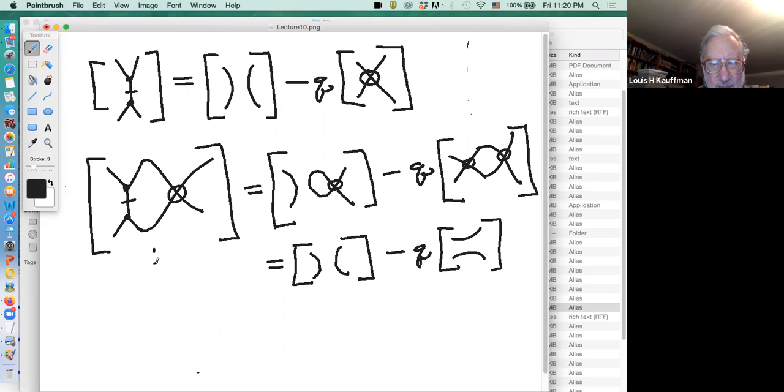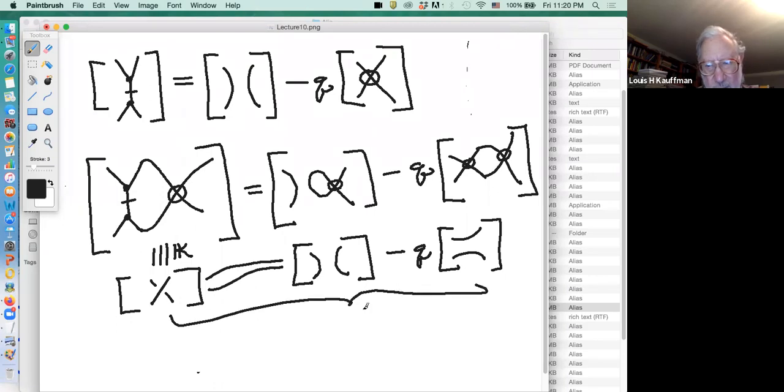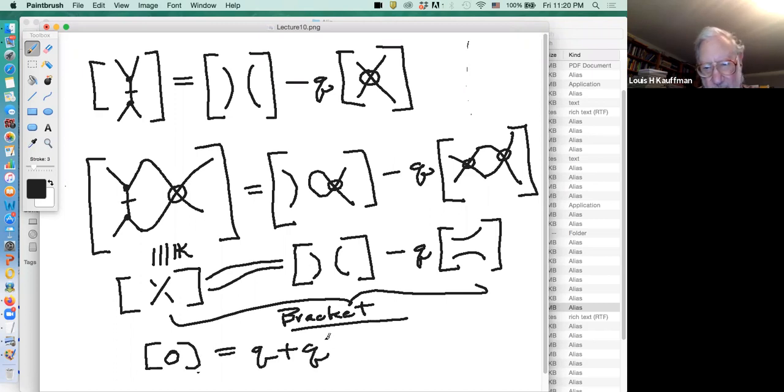And this is supposed to be correspondent via the K-map to the crossing. And you notice I have the A crossing vertical here. So this is the bracket, right? And of course, we're taking the value of the loop still to be equal to Q plus Q inverse.